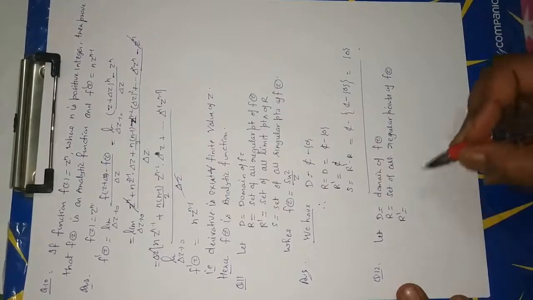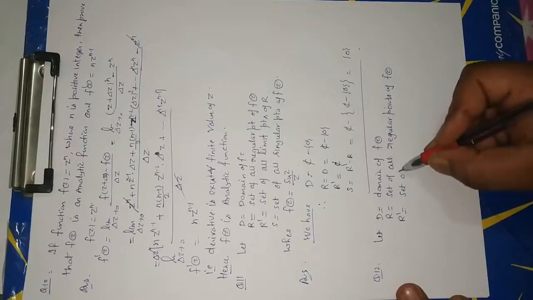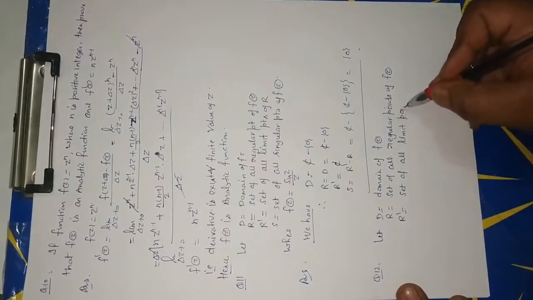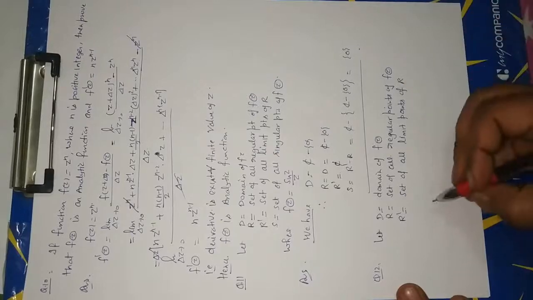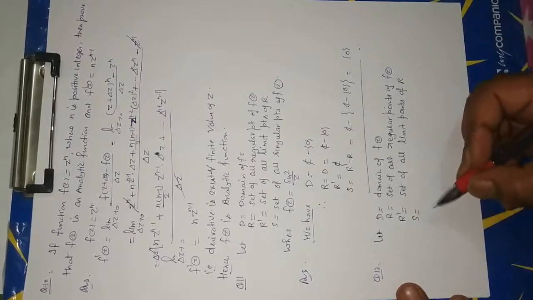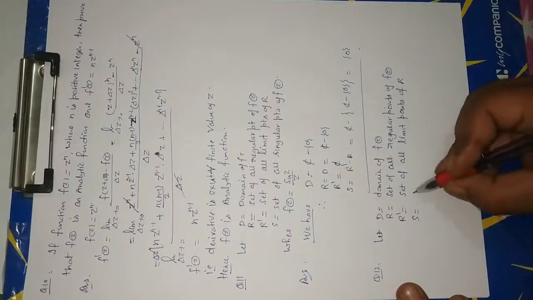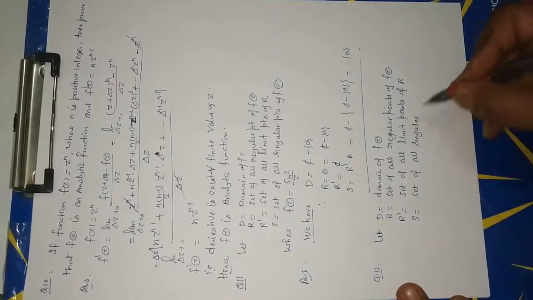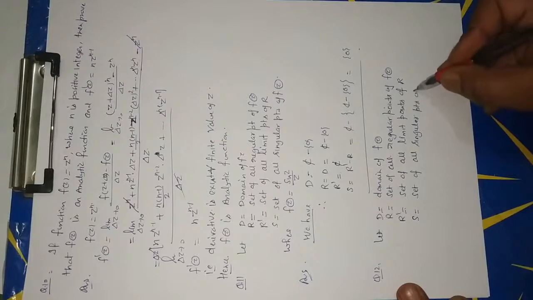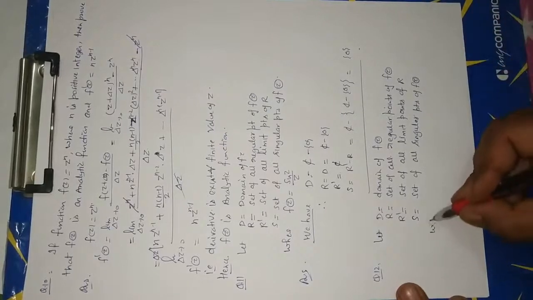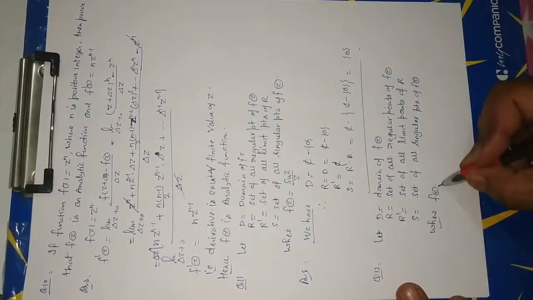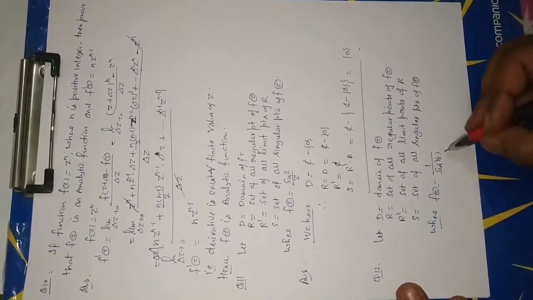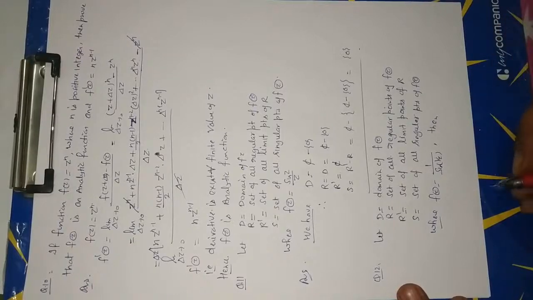Now R dash is equal to the set of all limit points of R. Now S is the set of all singular points of f z, where f z equals 1 upon sine 1 upon z. Then, answer.